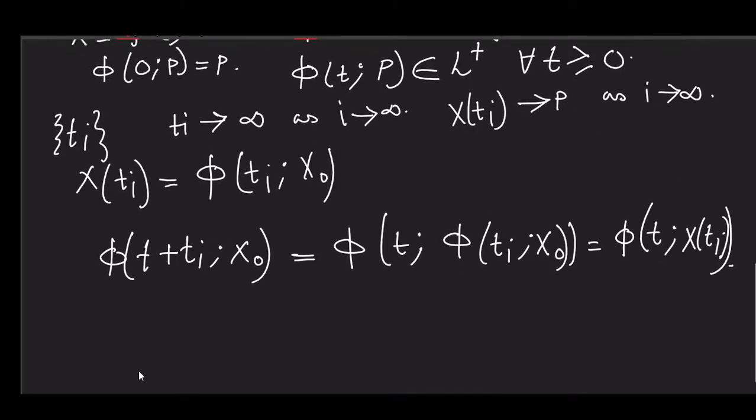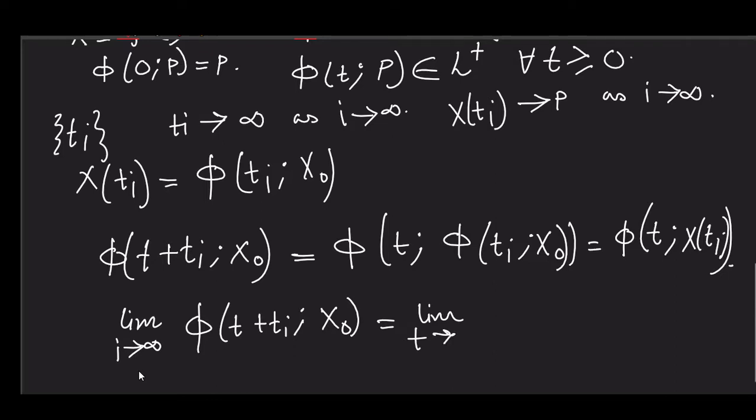So for sufficiently large i, we will have the limit as i tends to infinity of phi(t plus t_i), and what is this?